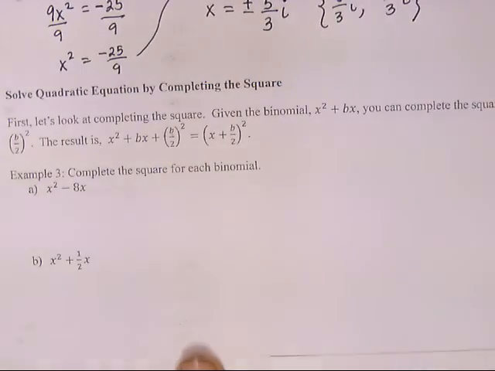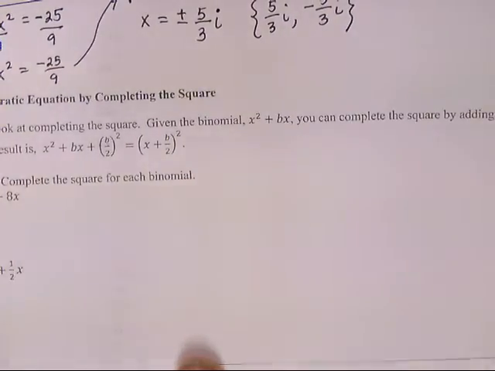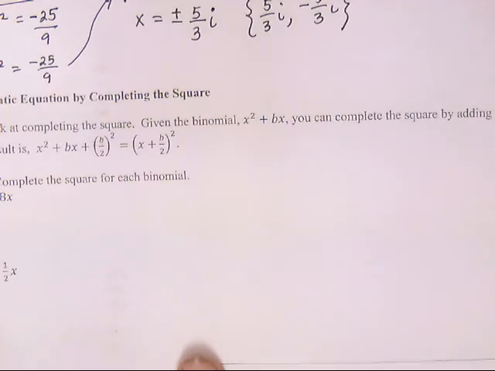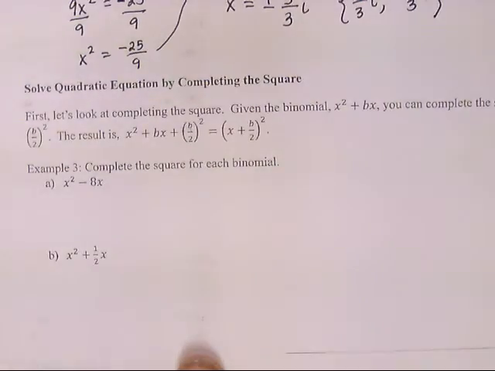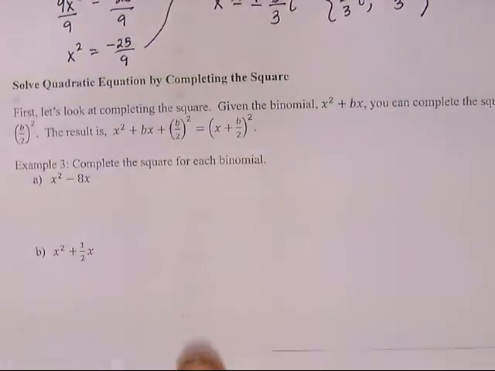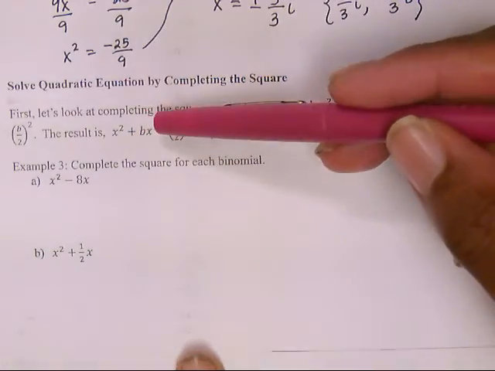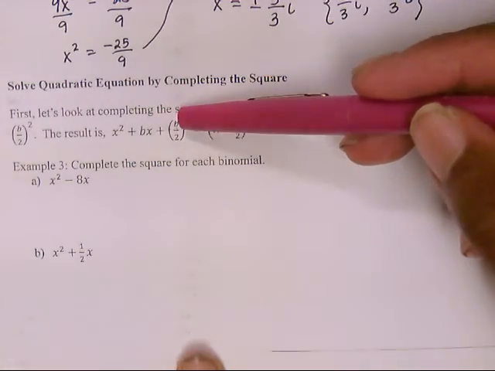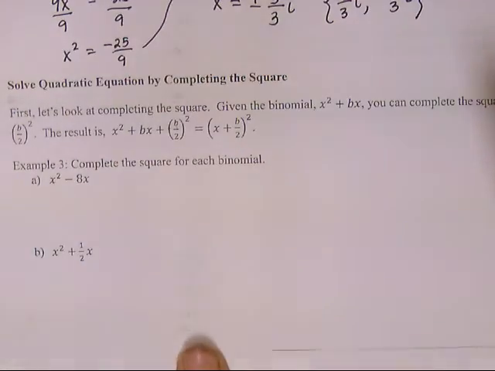So here we're going to look at how we can complete the square. If you're given a binomial, x squared plus bx, we can complete the square by adding b over 2, and that quotient will be squared, where you're going to get the result as x squared plus bx plus b over 2 squared, which will factor as x plus b over 2 quantity squared.